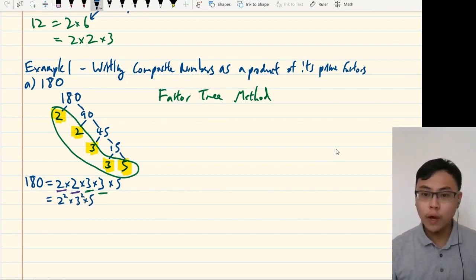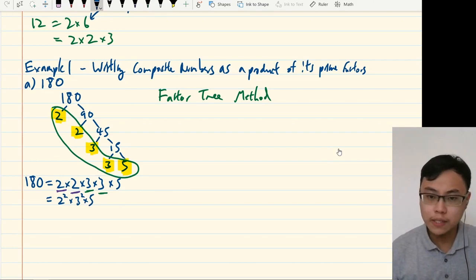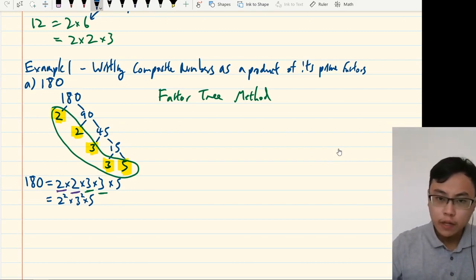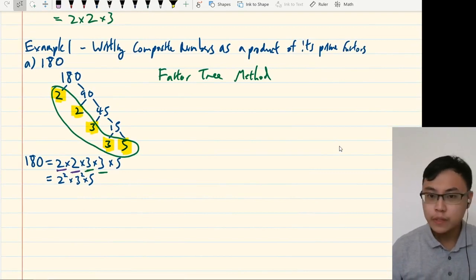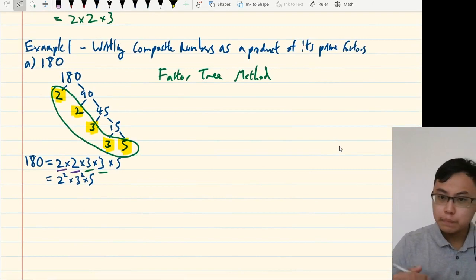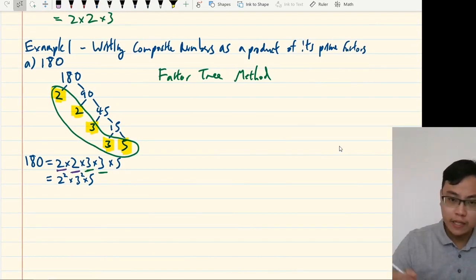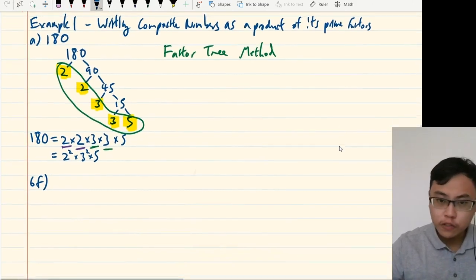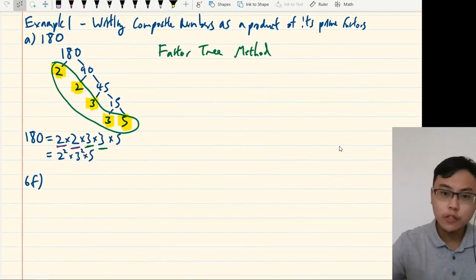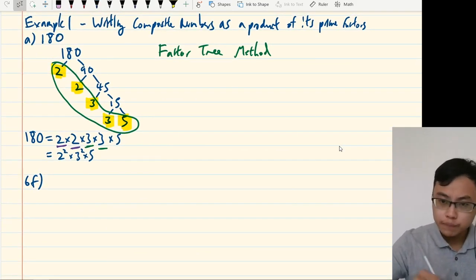Now let's do one more example. I'm going to take this example from the textbook, from exercise 4D, and I'm going to do question 6F as an example. First of all, you need to write down the number.